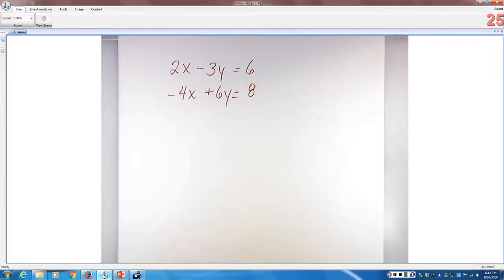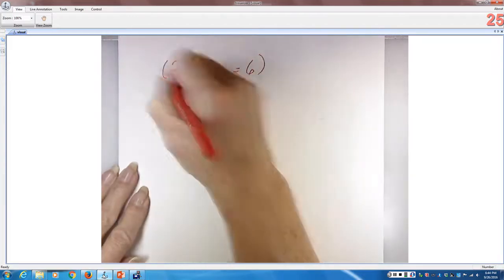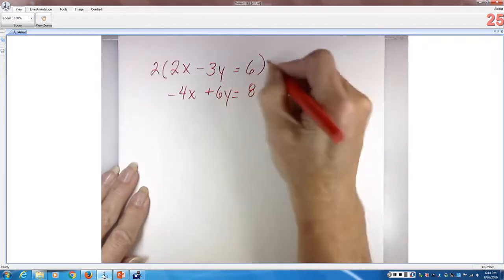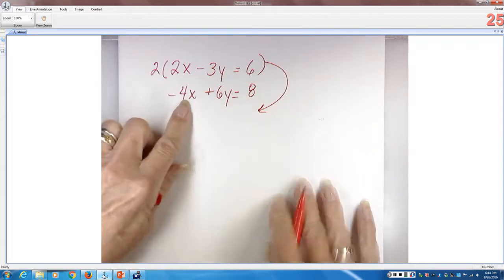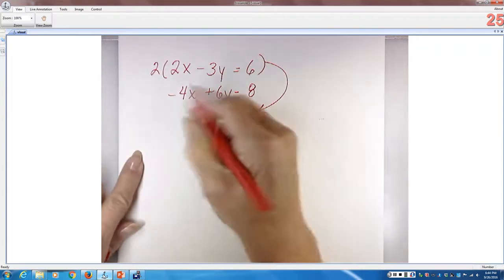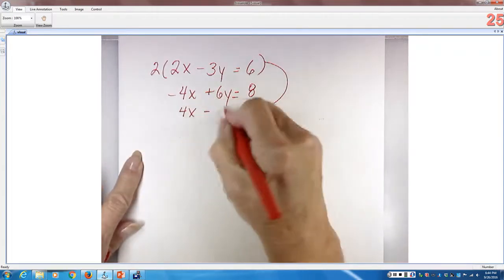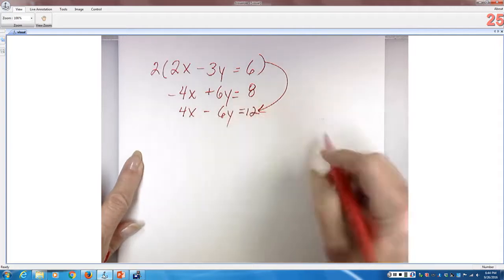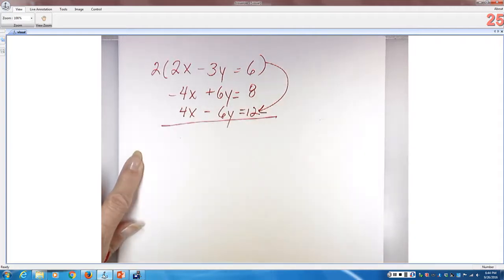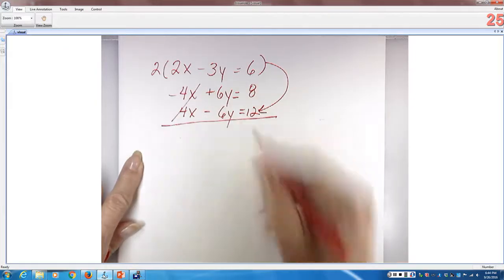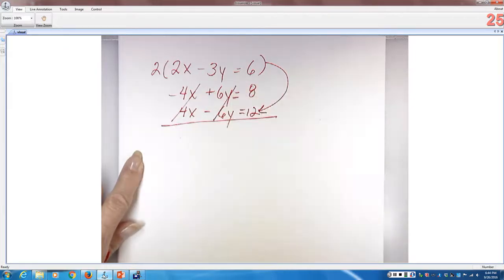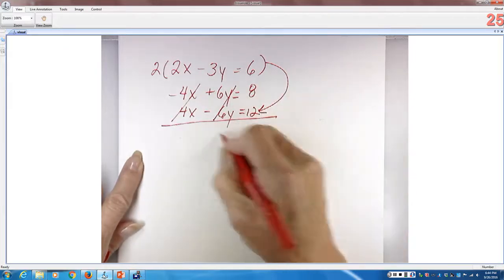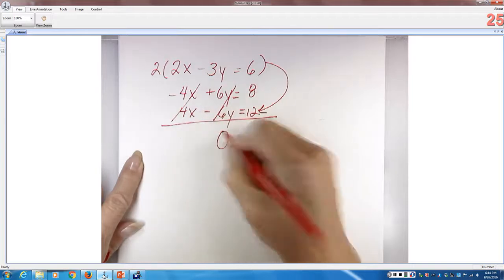So I'm going to multiply the top one by 2, I'm gonna put it down underneath this row because I'm not gonna change that row. So that's gonna be 4x minus 6y equals 2 times 6 is 12. Then I'm gonna add those two. That's gone. That's gone. And 0 plus 0 is 0.